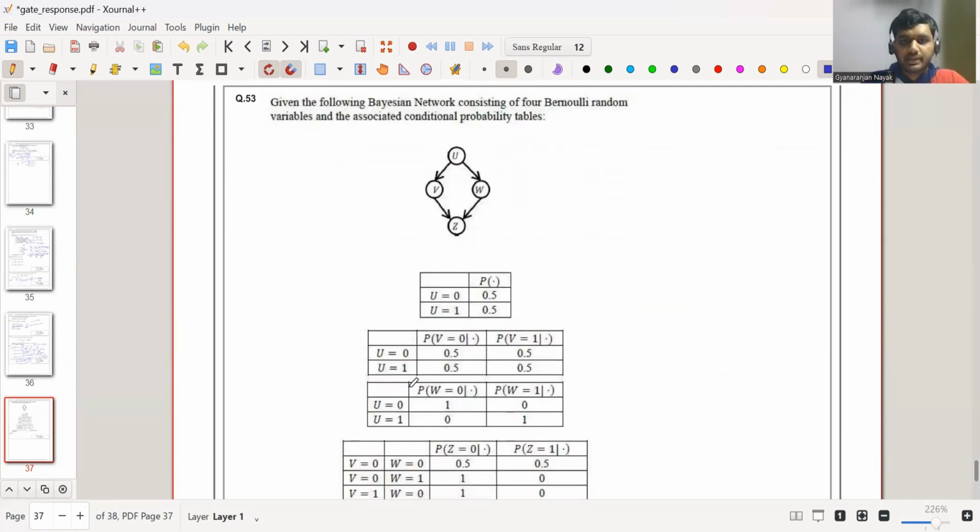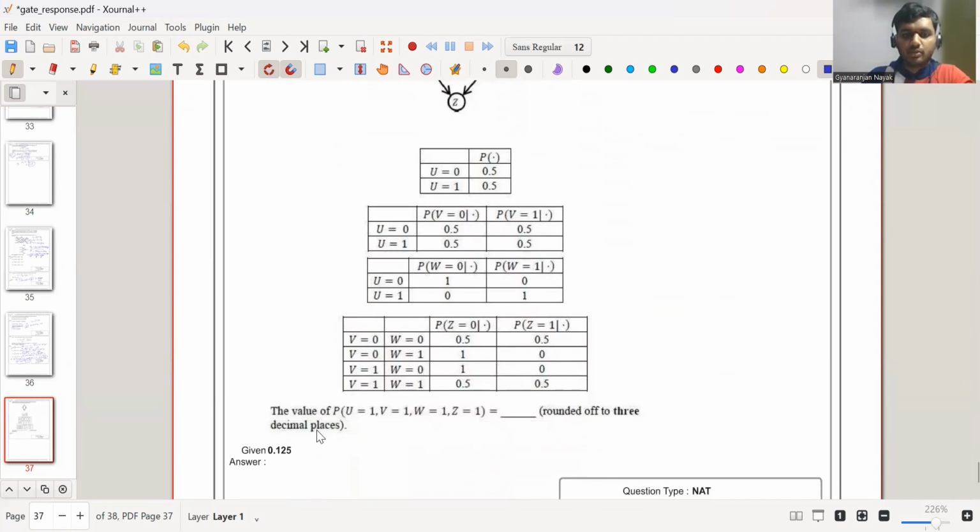Given the following Bayesian network consisting of 4 Bernoulli random variables and the associated conditional probability tables. Okay, here some tables are given. We calculate the value of p, the probability that u equal to 1, v equal to 1, w equal to 1 and z equal to 1.